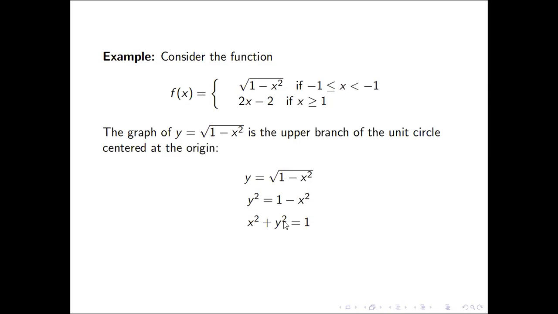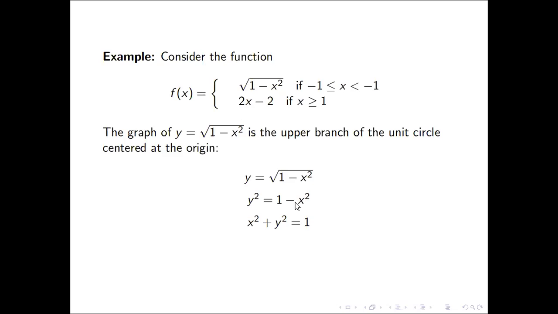So its center is at the origin, (0, 0). Its radius is r squared equals 1, so r is 1. We call that the unit circle since its radius is 1, centered at the origin. However, it's not the whole circle since it's only the positive part.